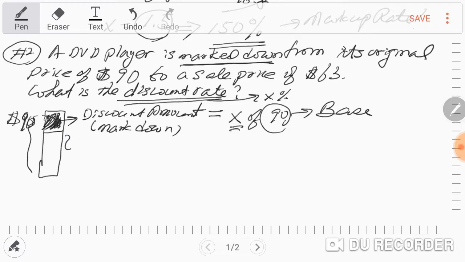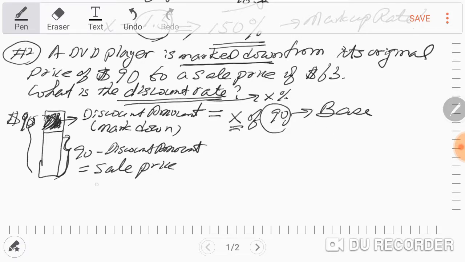Then this is 90 minus the discount amount is equal to the sale price. I don't know how much they sell. So the sale price is $63.